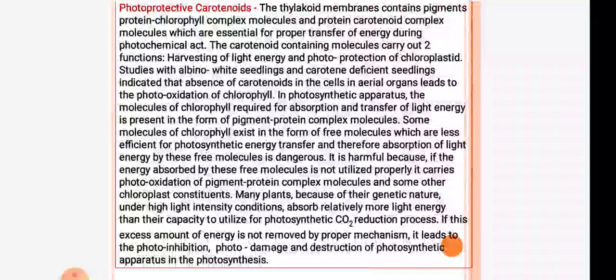Many plants, because of their genetic nature under high light intensity conditions, absorb relatively more light energy than their capacity to utilize for the photosynthetic CO2 reduction process. If this excess energy is not removed by a proper mechanism, it leads to photoinhibition or photodamage, or destruction of the photosynthetic apparatus.